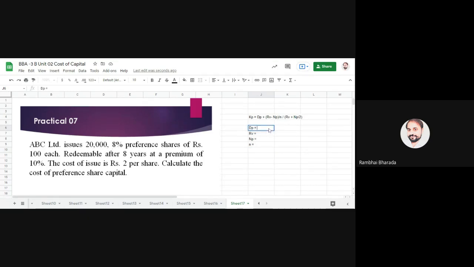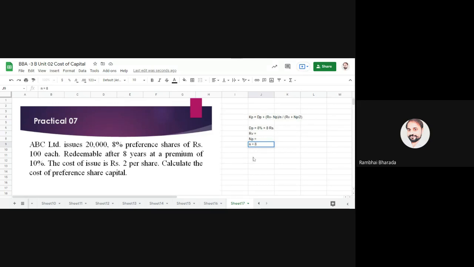So here DP means 8% of 100, which is rupees 8. Moving ahead, issued at 100 each, redeemable after 8 years. Can you tell me the time period? How many years are there? So n is equal to 8.